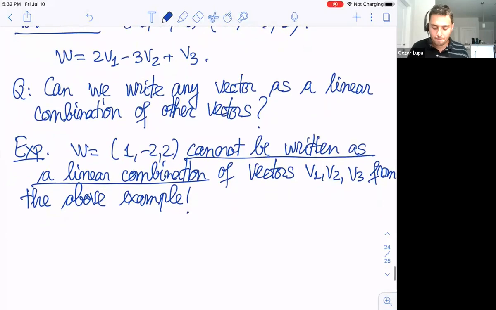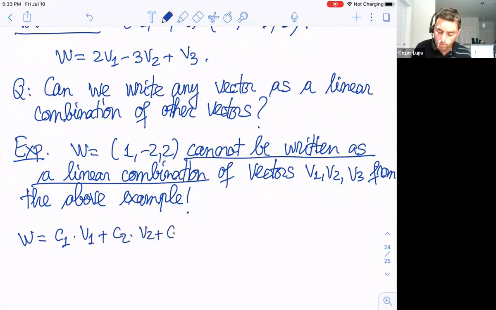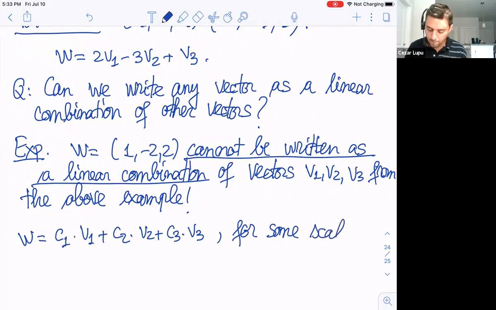But let's justify this. This is equivalent with saying that W can be written as C1 times V1 plus C2 times V2 plus C3 times V3, for some scalars C1, C2, C3.